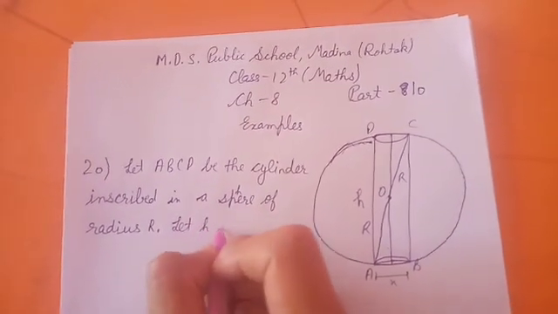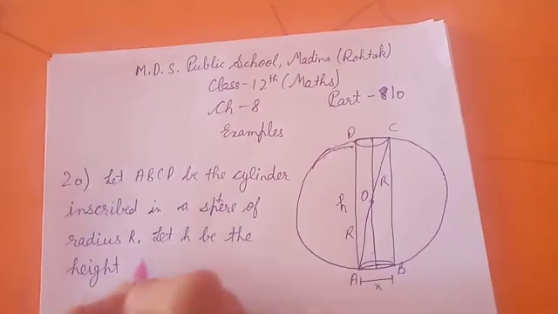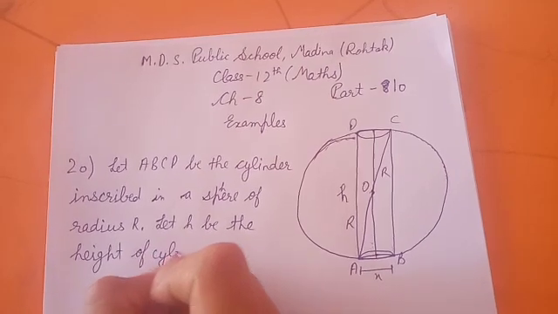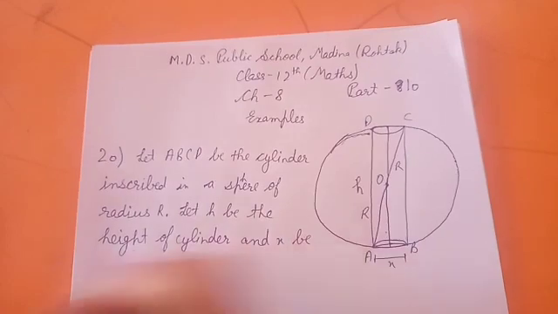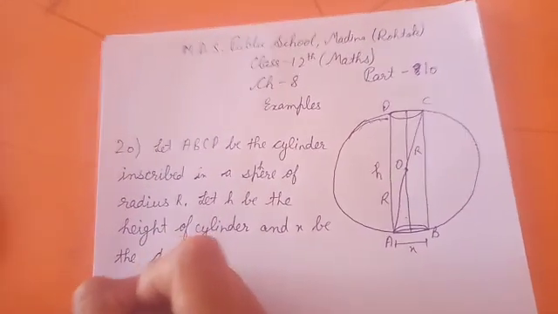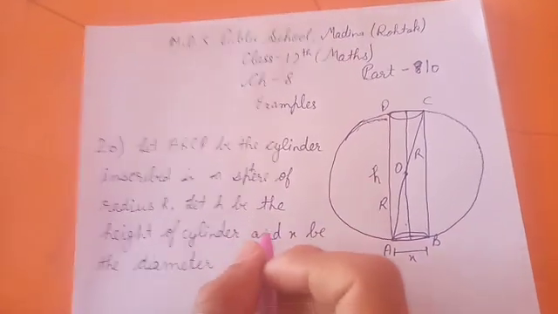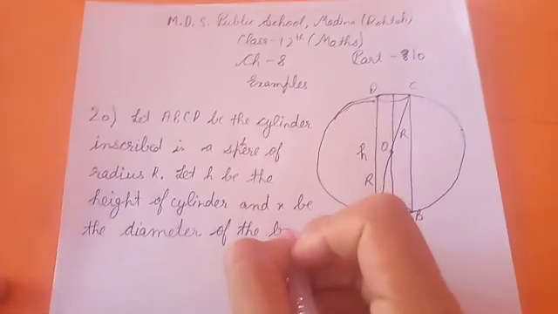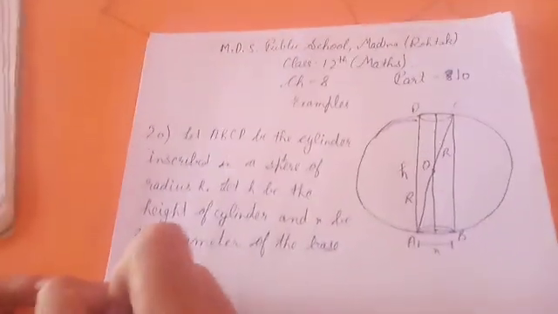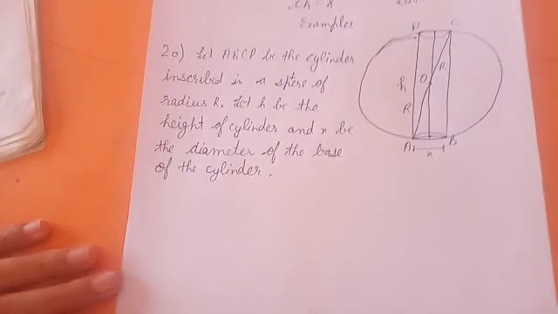Let h be the height of the cylinder, and x be the diameter of the base of the cylinder. Okay, these things we have written in a figure.